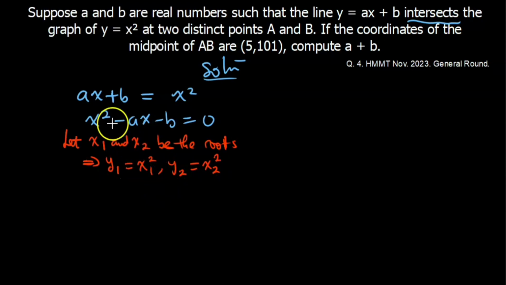Since this is a quadratic equation, this coefficient is known to be the negative of the sum of the roots, while this constant term is known to be the product of the roots.